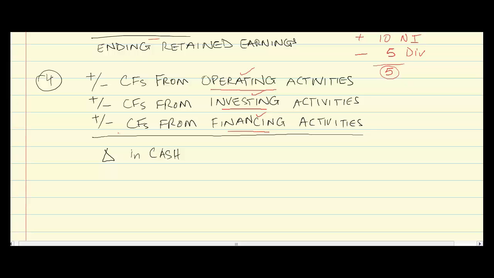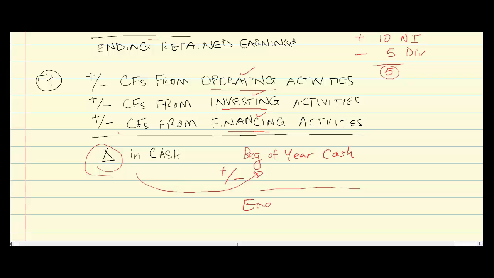You net the effects of all of these, and you get a net change in cash, which you would add or subtract to your current cash position. So you have your beginning of the year cash amount, which is sitting in your assets in your balance sheet. You would either plus or minus this amount, which would give you ending cash for that year.